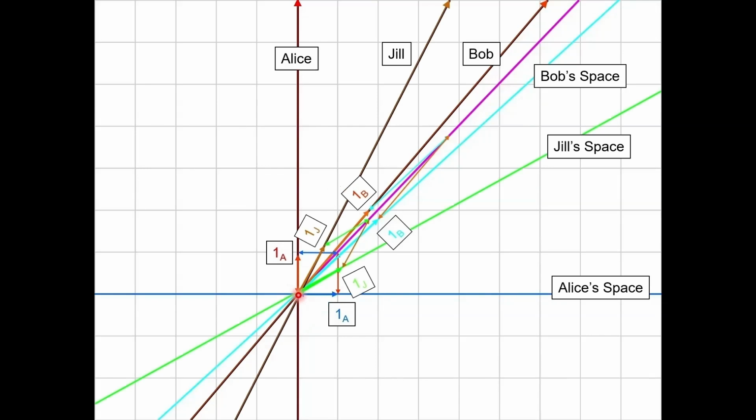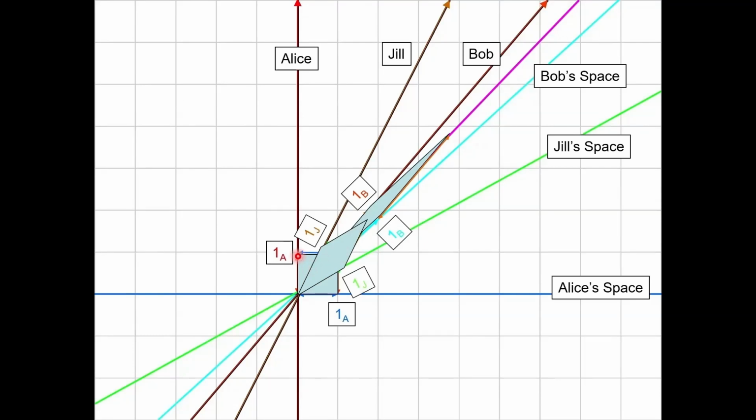Now if we add Jill's world line over here, then again the requirement will be that the area of this rhombus will be the same as the area of this rhombus.